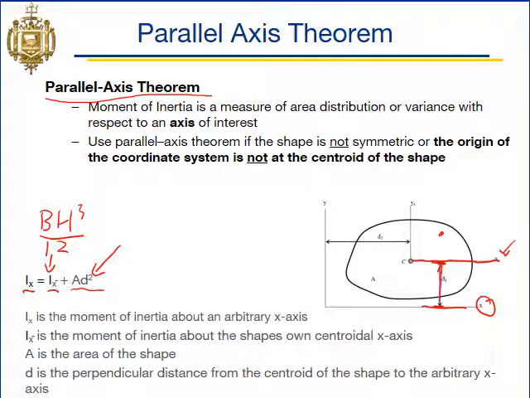So if we're doing the moment of inertia about an x-axis, this distance would be a distance along the y-axis here. And if we're doing Iy, like in this case, here's our centroidal y-axis. If we wanted to find Iy about that axis there, our distance would be that distance, which you see is along the x-axis.